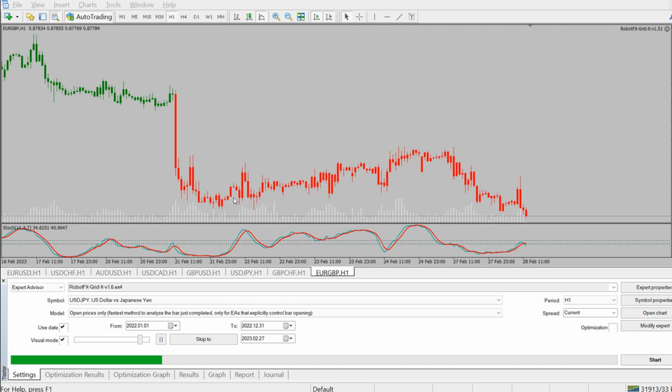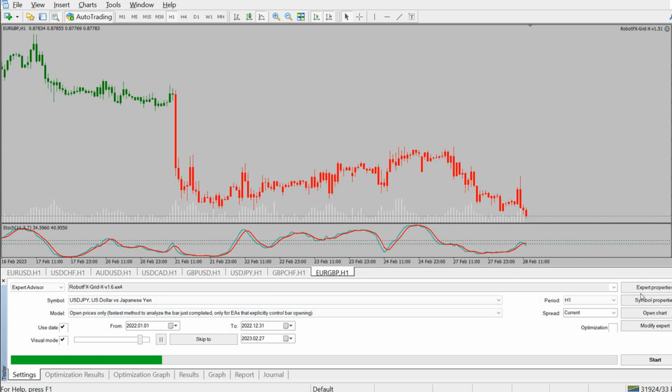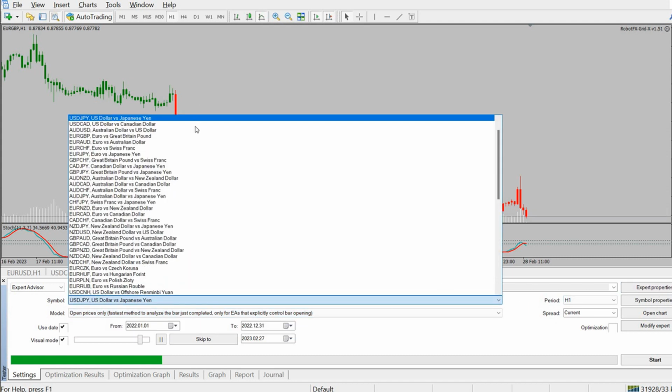All right, so let's do the test now. Notice that I'm using open prices only. This is because I want a faster test. Obviously, if you want to test this yourself, you download it, you will have to choose every tick, which is more precise. Right now, let's leave it like this.